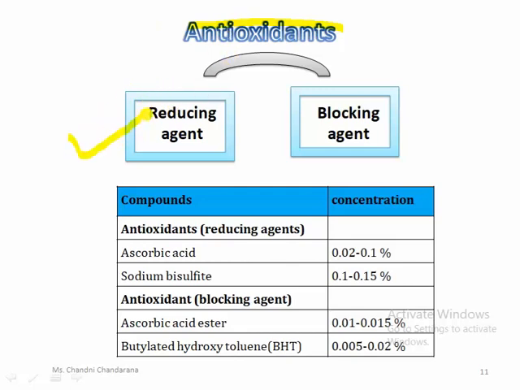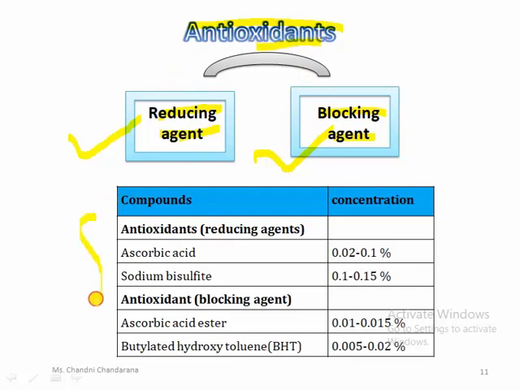The first one is the reducing agent and the second one is the blocking agent. What is a reducing agent? The reducing agent oxidizes itself and acts as an antioxidant. And what is the role of the blocking agent? It will block the oxidative chain reaction and is used as an antioxidant.